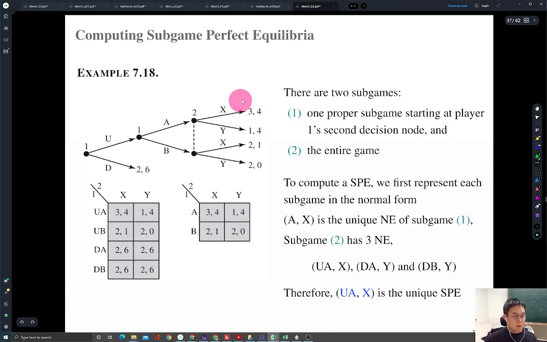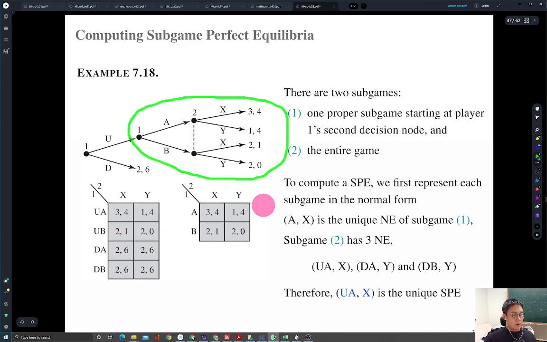This one can be regarded as one proper subgame. We did not cut off this information set, and this portion includes every subsequent node. So SPE requires rational behavior in the entire game. So if we represent the entire game in normal form, okay?